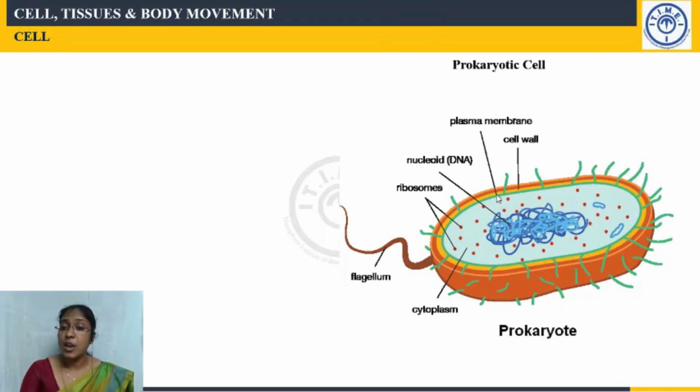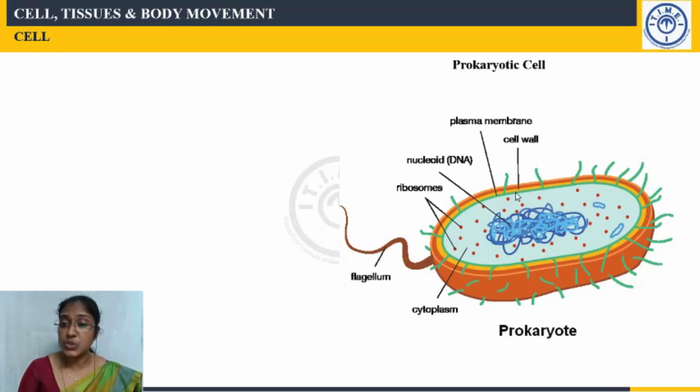Then beyond that, they have a plasma membrane, and outer to that, there is a cell wall. Okay, and they have a cell organelle, the ribosome, present. So these are all the parts of a prokaryotic cell. The typical structure of a bacterium is shown here. The outer wall is known as the cell wall.